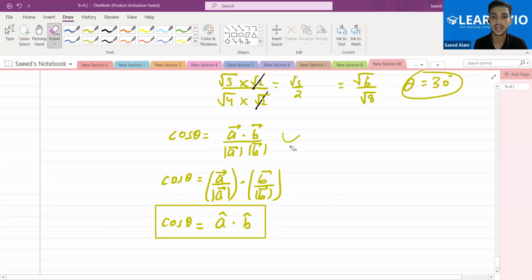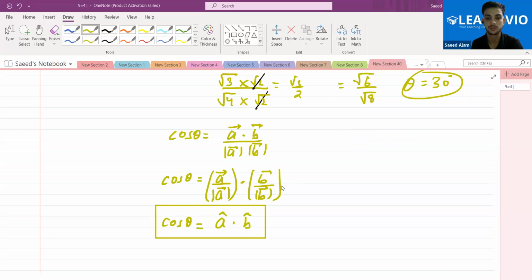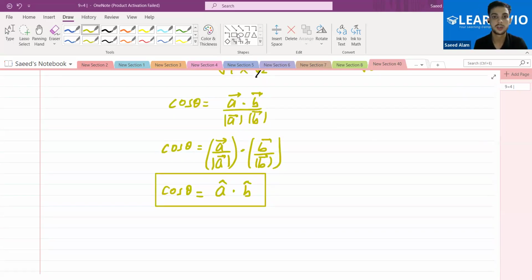Whenever the question asks me about the angle between the vectors, I used to find the dot product, A dot B into cos theta, then shift the rest of the things, and you will get the cos theta on this side. Yes or no? Okay. Now, let me write it over here.